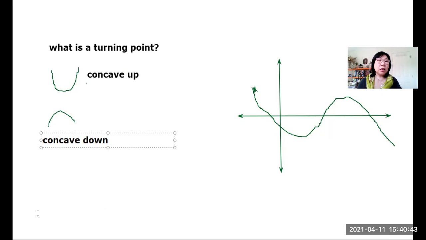Let's say you have a function going concave down like this, right? But then it changes. I'm not so good at it. Okay, let me try again one more time.